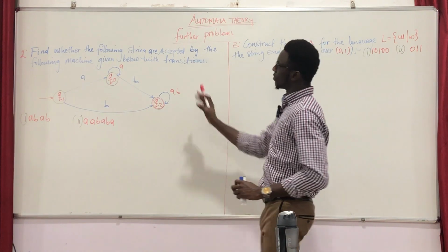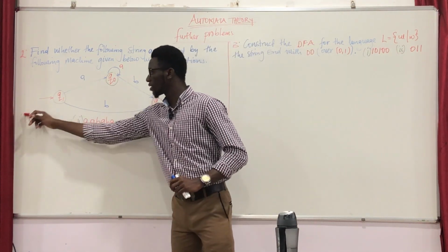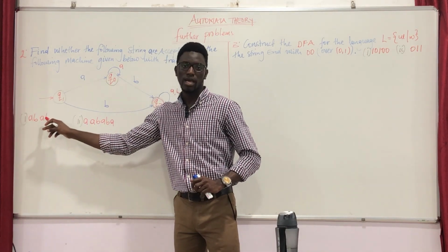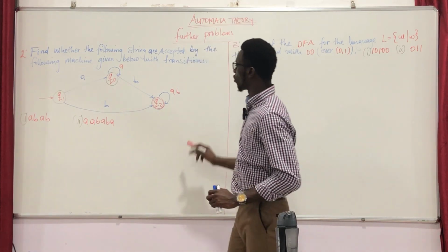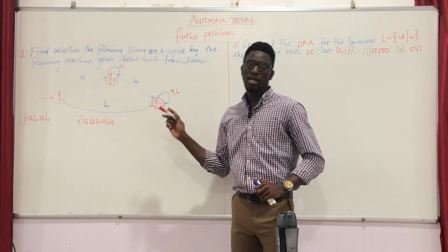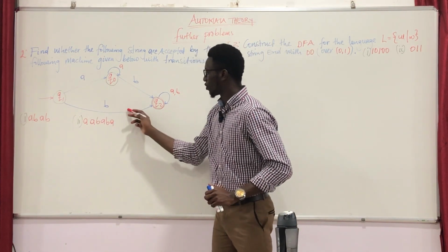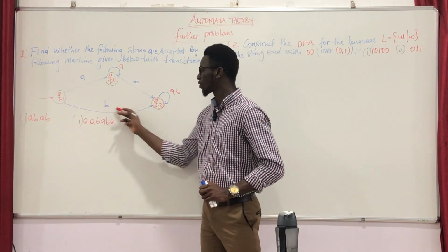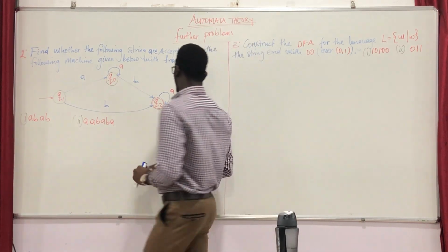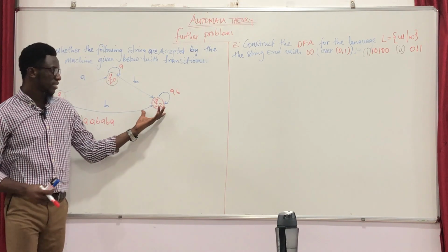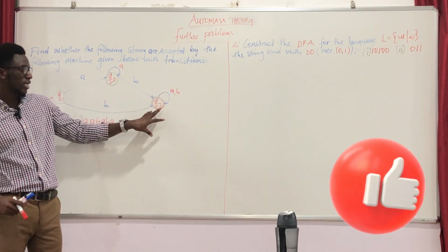So now we want to solve this problem to see if the strings given here on the board are accepted by the machine or not. As you know, automata theory has to do with language translation. So we can try to solve it: if we input this string on the machine, will it accept or not? For a machine to accept this language, the final state has to be Q2.